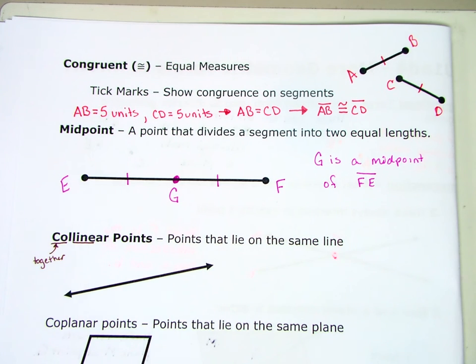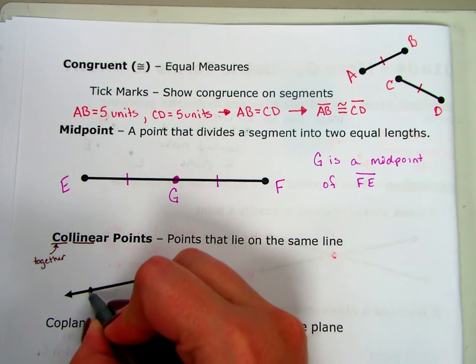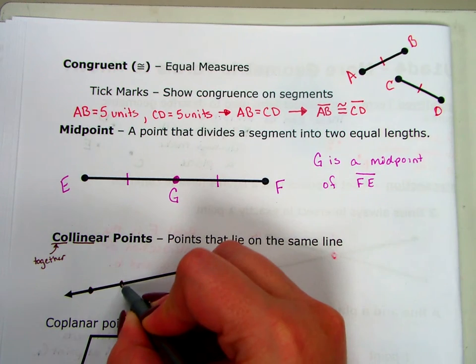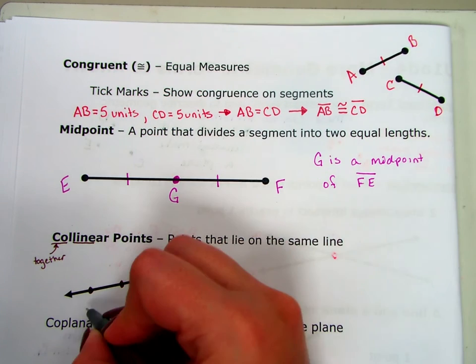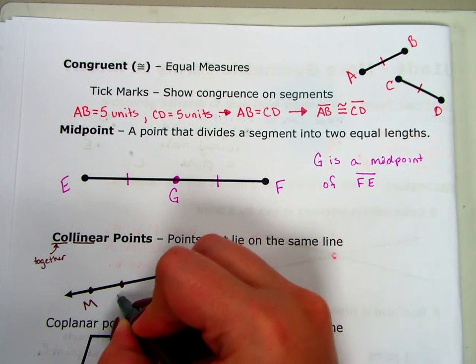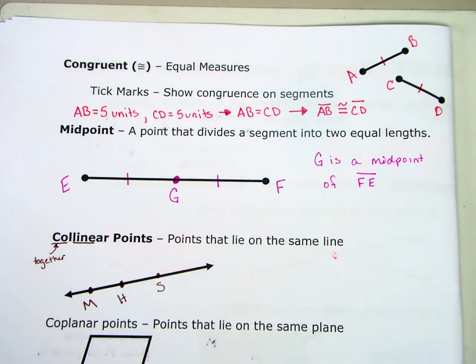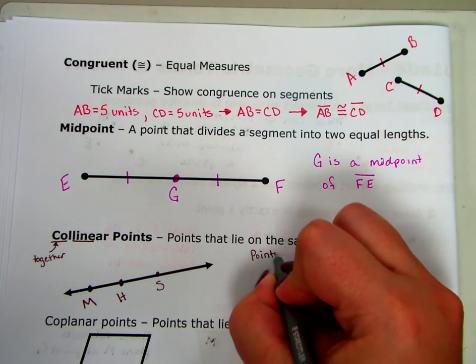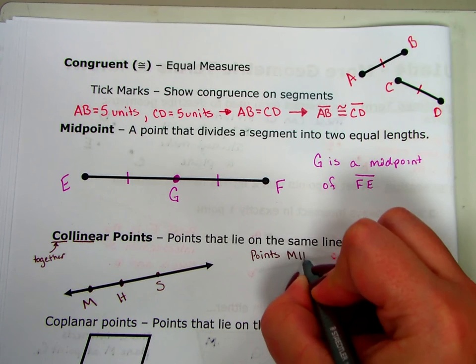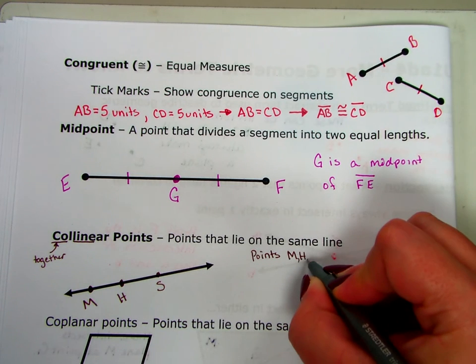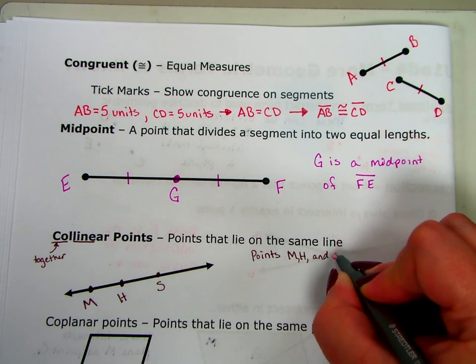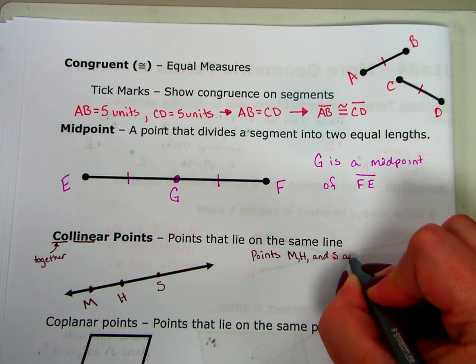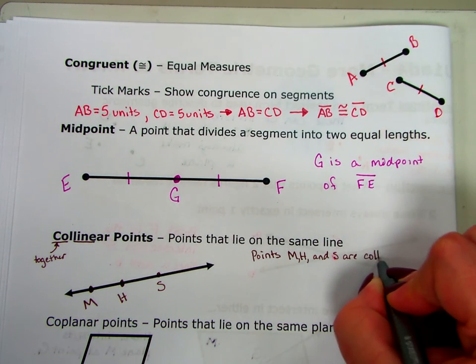So if I have this line here, it's made up of an infinite number of points. But let's just go with M, H, and S. I can say that points M, H, and S are collinear.